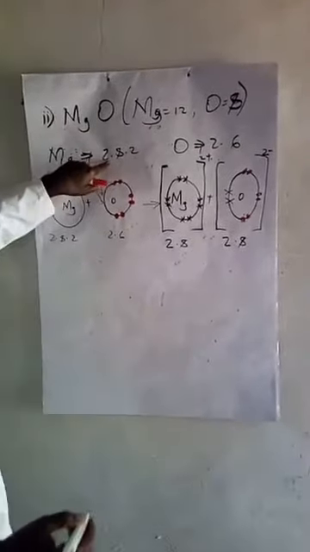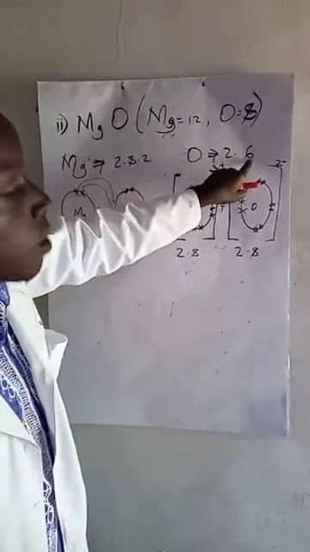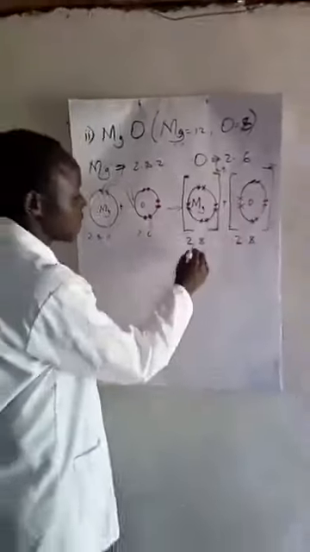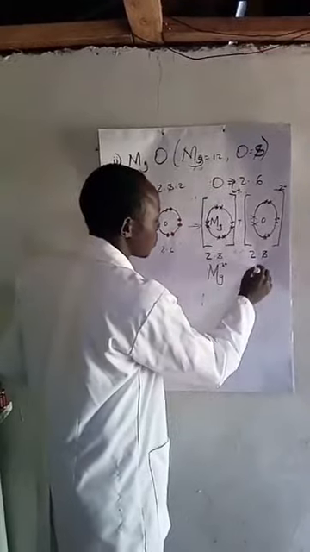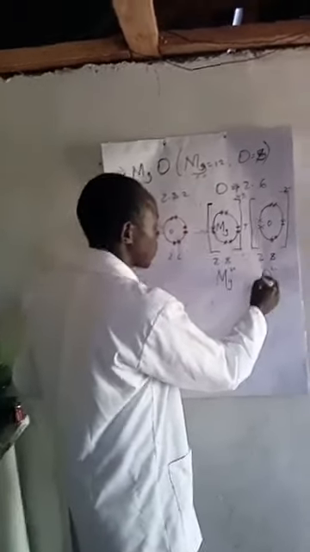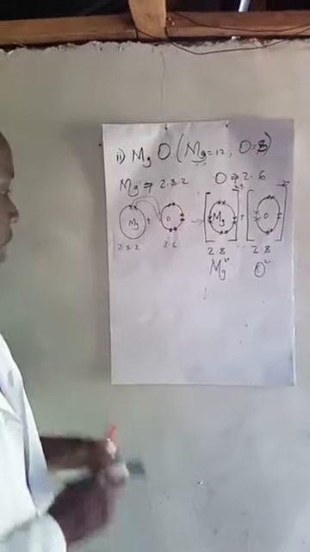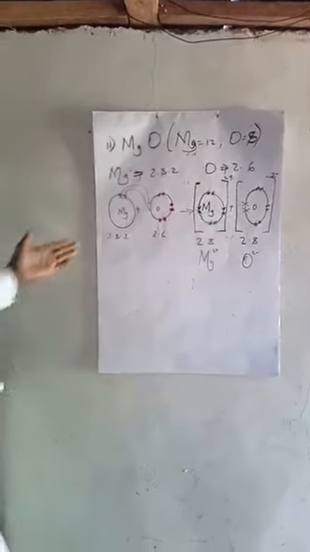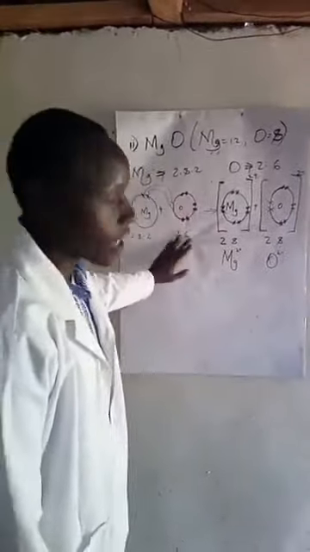Magnesium loses 2 and becomes 2,8. Oxygen gains 2 and becomes 2,8. So this is the magnesium ion. This is the oxide ion. So that is for magnesium and oxygen. Again, magnesium loses 2, oxygen gains 2.